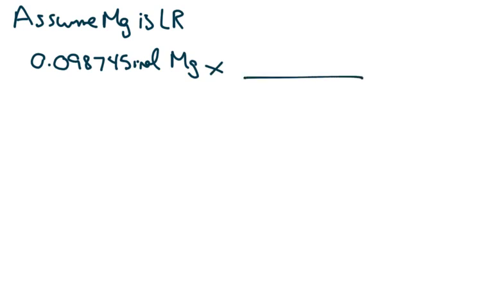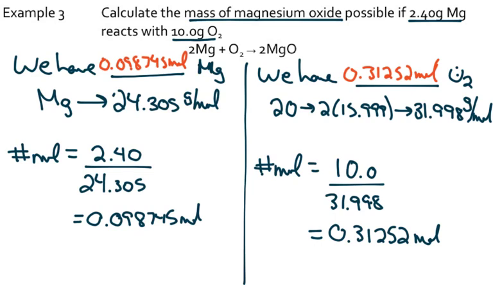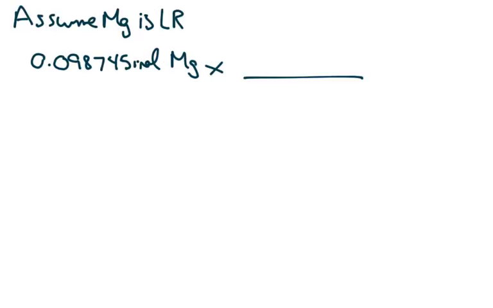To determine how much oxygen that would actually require, we look back at the mole ratios. Magnesium has a 2 coefficient, oxygen has a 1. So multiply that by 1 mole of oxygen and 2 moles of magnesium.